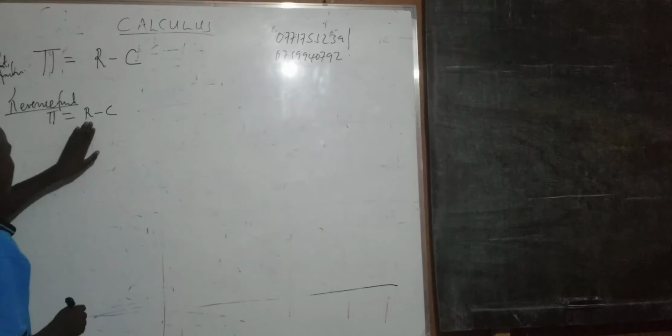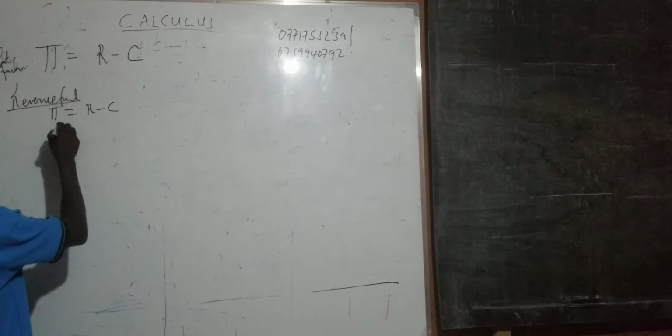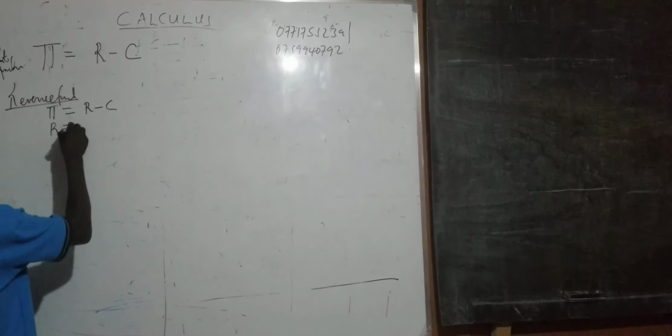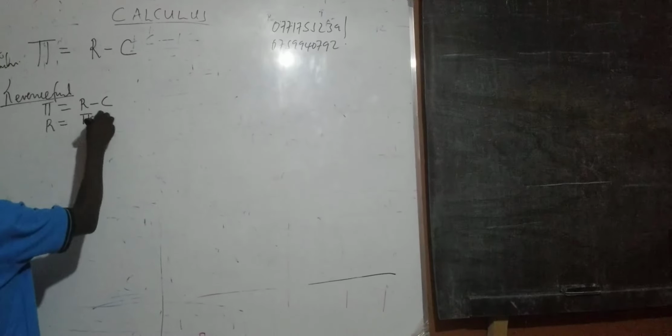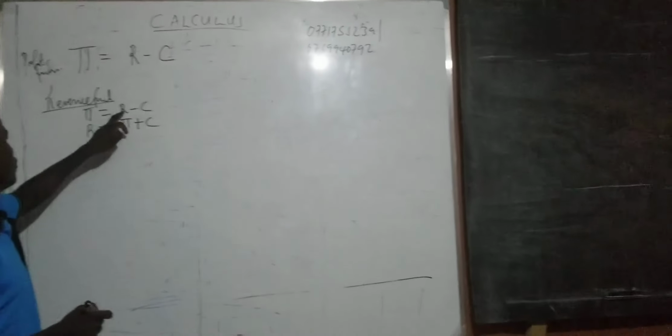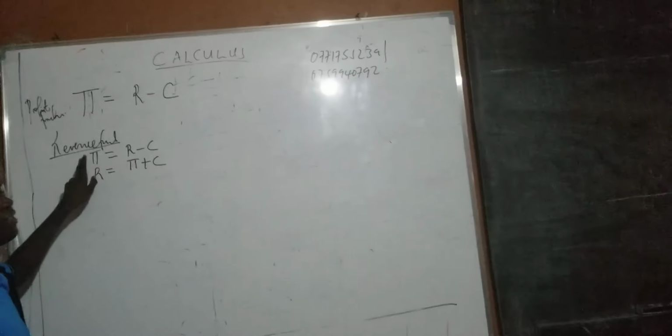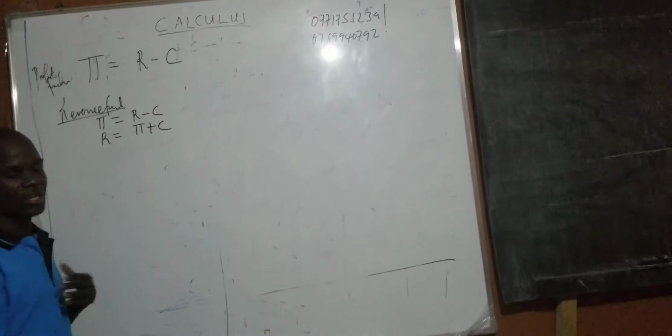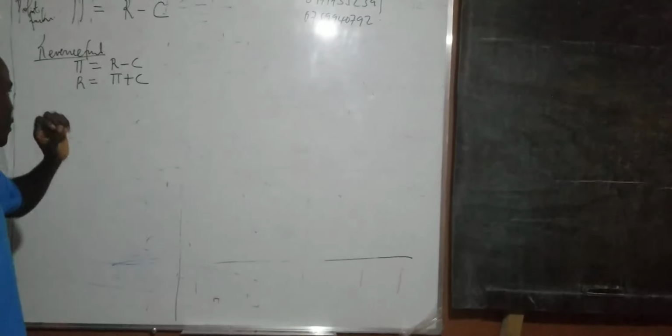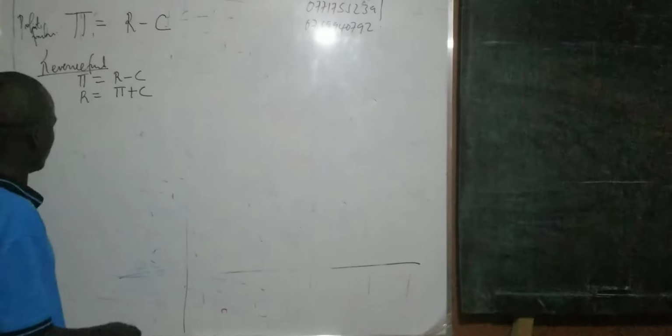So therefore, our revenue will be profit plus cost. Have you seen? The cost moves to this side. It is negative, and when it crosses the equal sign it becomes positive. So that's how you can get your revenue, but it's not so common, though it's one of the ways you can get a revenue.